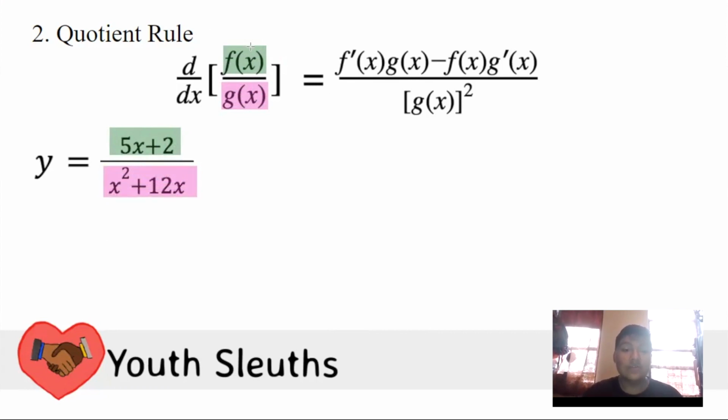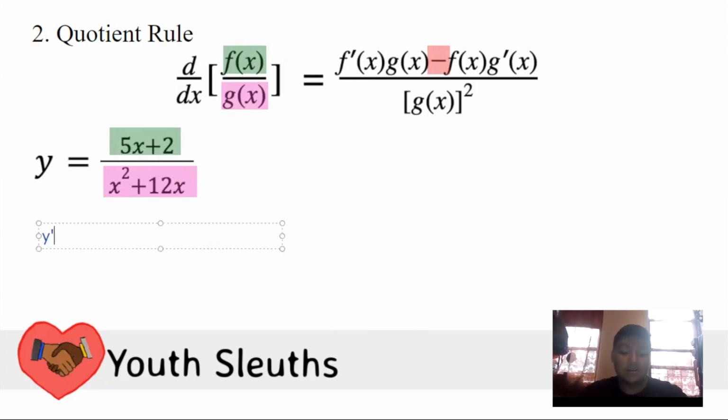Now, the derivative of f of x over g of x is equal to f prime of x times g of x minus f of x times g prime of x, over g of x squared. Now, if you notice in the numerator, it's very similar to the product rule, but one thing that you must notice is that it's subtracting instead of adding. Now, this is important because it could lead to a crucial mistake. We could see this later on in our example.